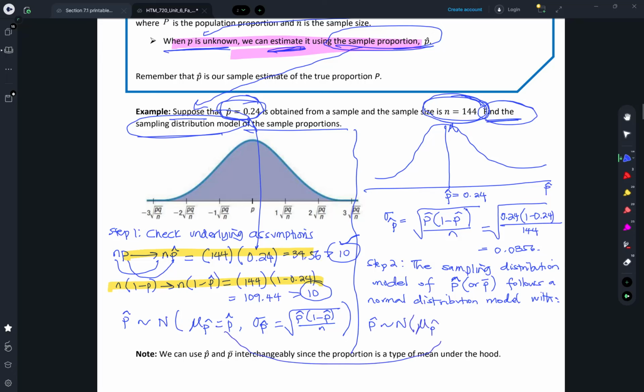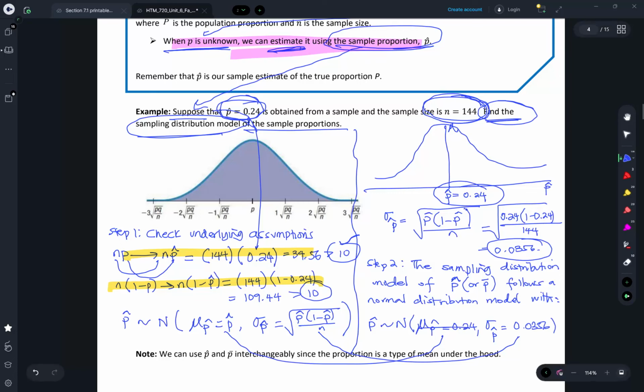Mu of P-hat is, what value did we get? 0.24, and a standard error or standard deviation of, let's not write the formula again, of what did we get? 0.0356. Note that with these parameters given, it is possible to compute probabilities associated with P-hat. We'll see that in later examples.